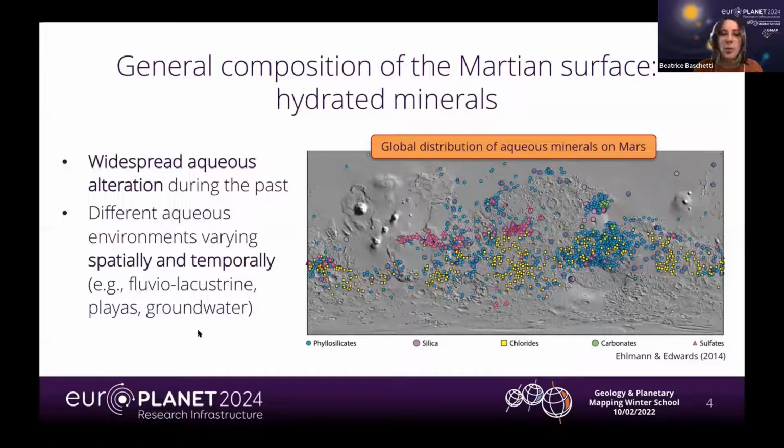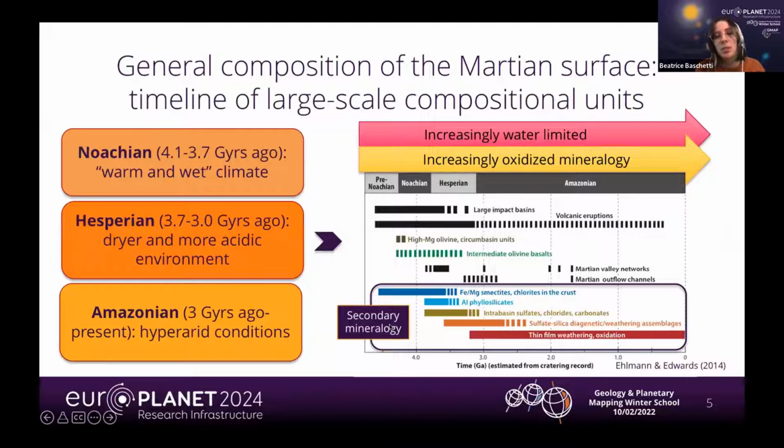For example, we have fluvial-lacustrine environments or playas and groundwater. Here you have a map of all the hydrated minerals on the Martian surface. So we have phyllosilicates, other types of silica, chlorides, carbonates, and sulfates. The majority of these hydrated minerals is concentrated in two Martian epochs, the Noachian and the Hesperian.